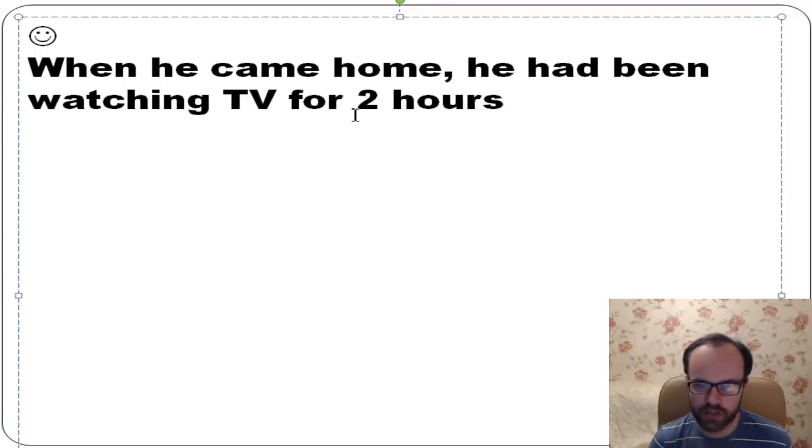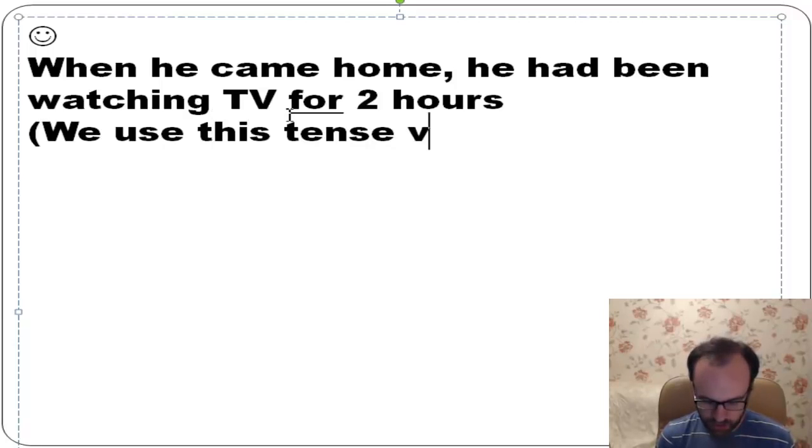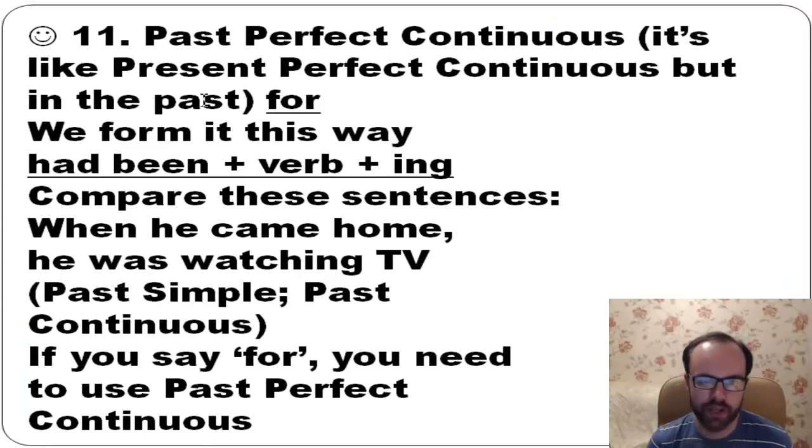For 2 hours. We use this tense because of for. So when he came home, he'd been watching TV for 2 hours. Past perfect continuous is like present perfect continuous but in the past.